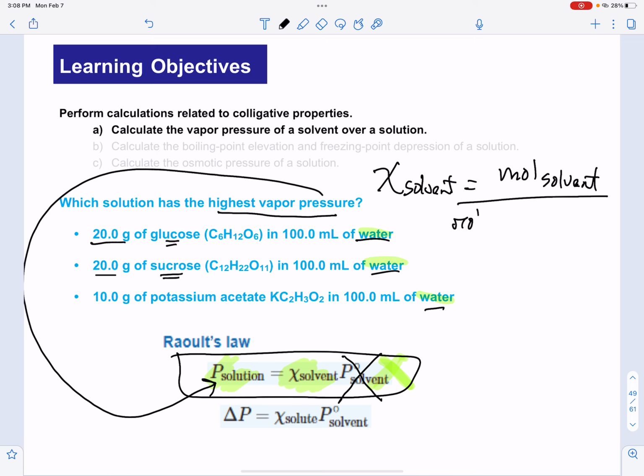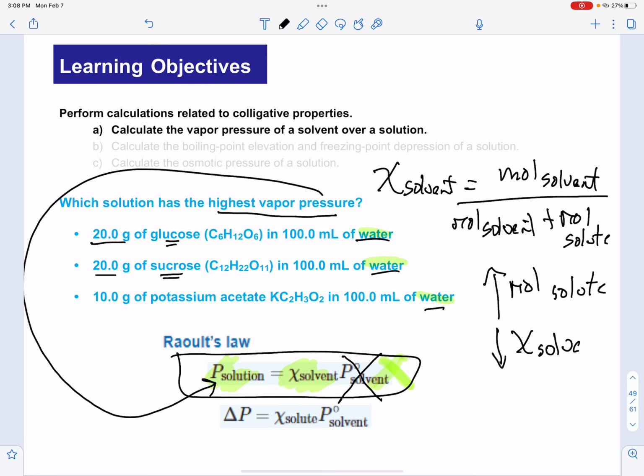over the moles of the solvent plus the moles of the solute, which means the bigger the moles of the solute, the smaller the mole fraction of the solvent is going to be, right?